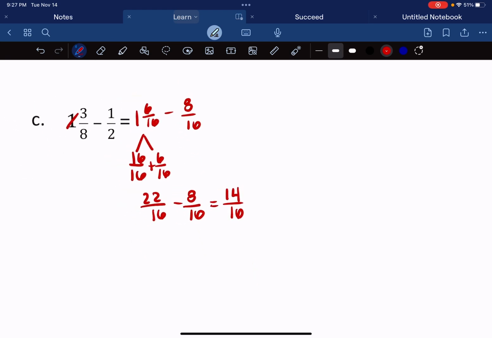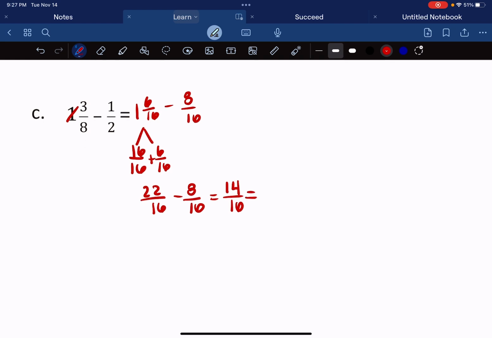Now they do need to understand how to simplify. Depending on teachers, they might be shown a little bit different way to do this, but I like to do 1 times 14, 2 times 7, and then I can look here, I can do 1 times 16, I can do 2 times 8, I can do 4 times 4.